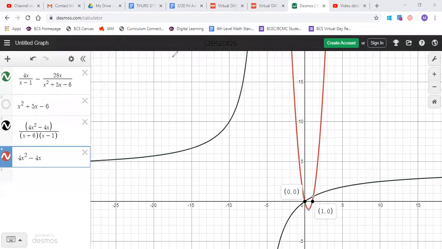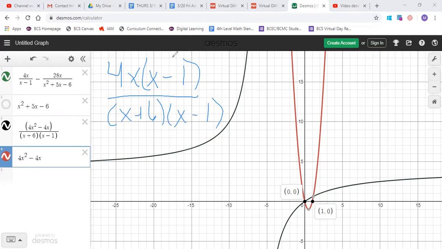So I'm going to write 4x, because x is the 0 root, and then x minus 1, because that is a positive 1, all over the denominator, which is x plus 6, x minus 1. Notice the x minus 1 and the x minus 1 are exactly the same. They cancel. And our final answer would be 4x over x plus 6.